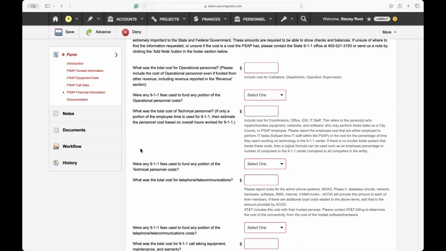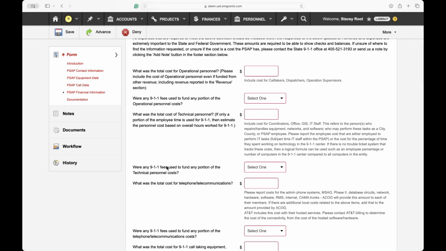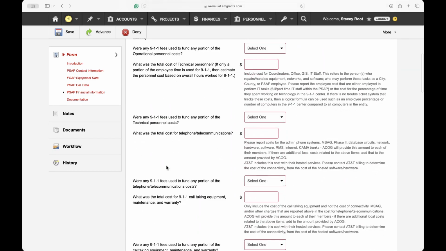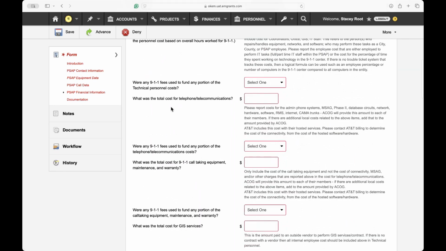This can include the cost of your telephone system and your telephone circuits, telephone lines for your 10-digit, because that is a telecommunication cost. We still transfer calls to your 10-digit line today. That's a backup emergency number. So that information is put within this same telephone telecommunications.